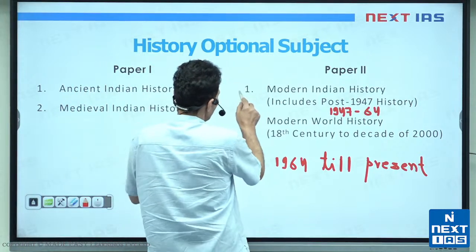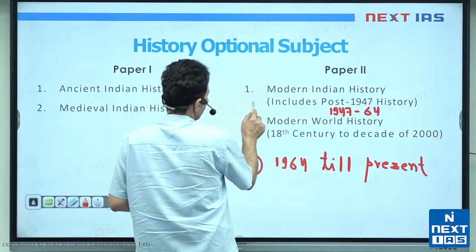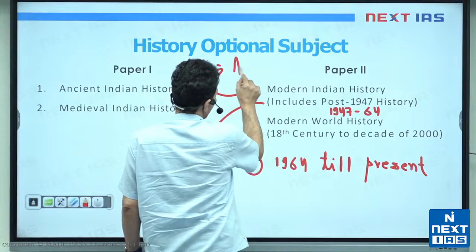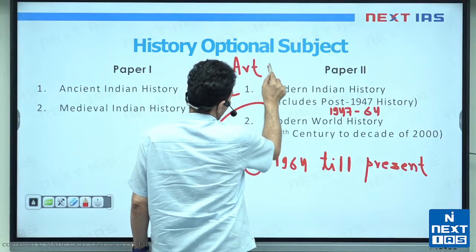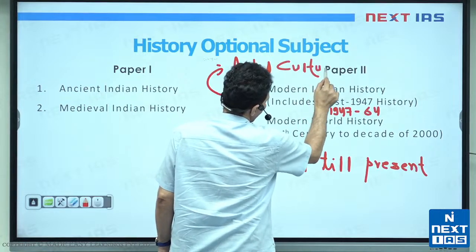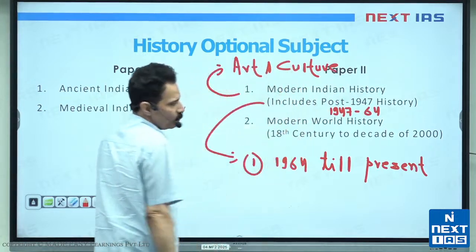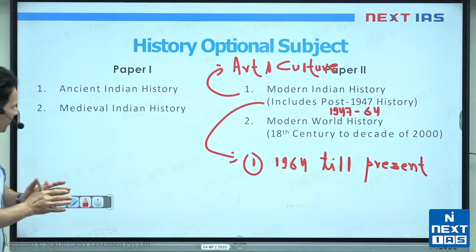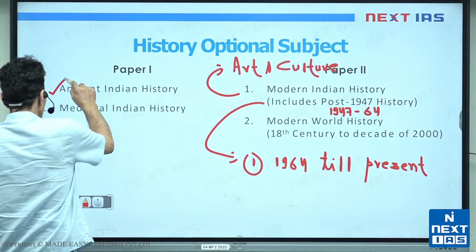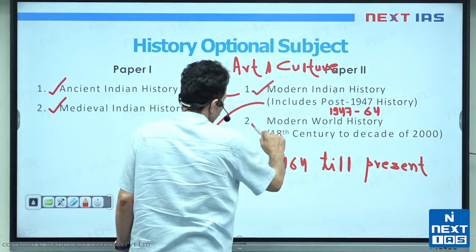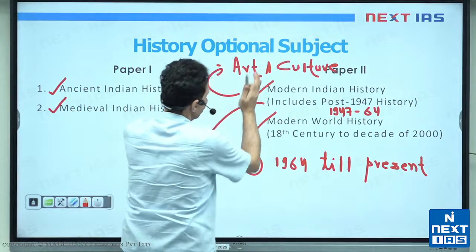Second thing more in GS is related to this again. That is modern art and culture. This is not there in history optional subject. This means in GS history, this is there, this is there, this is there, this is there, plus this and this.